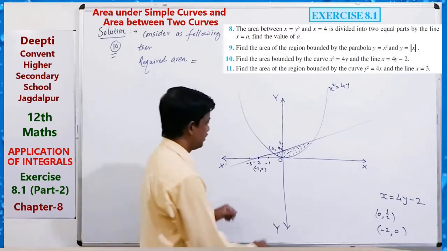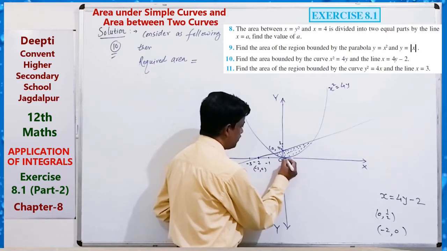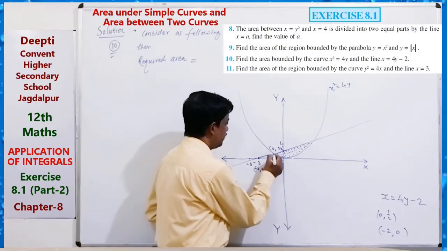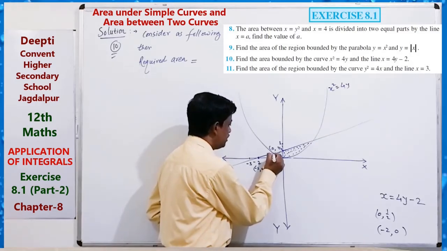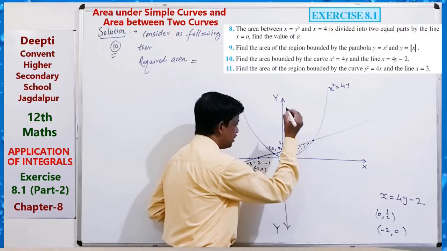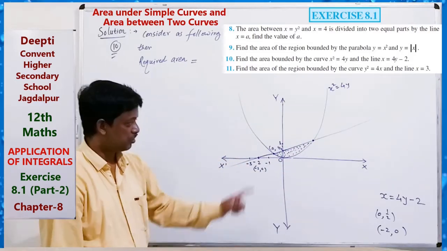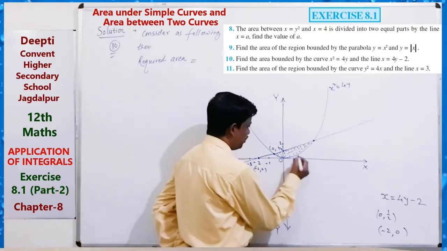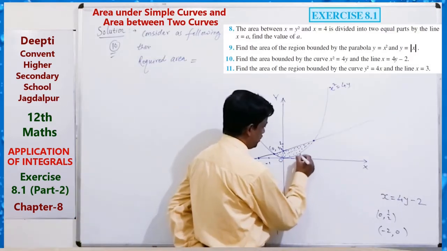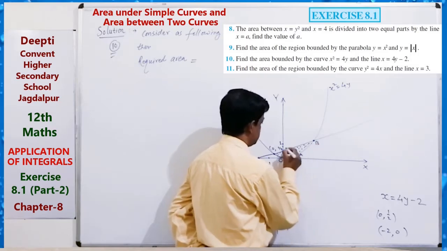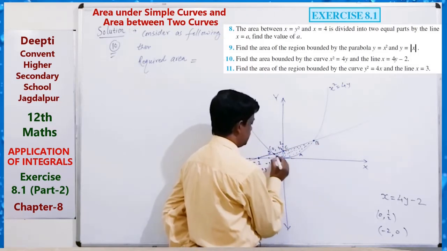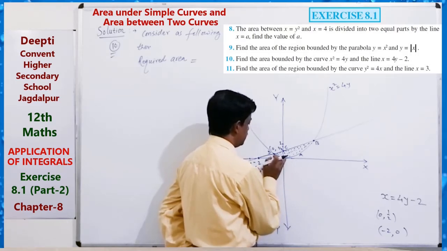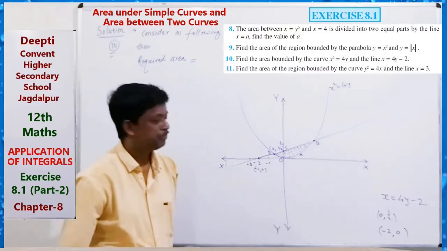Clear? This area can be found by using, because this area having corner point like this also, so we have to solve it first and then we can get the point. Suppose O, this is A, this is B, this is C, this is D, okay, this is E. Clear?